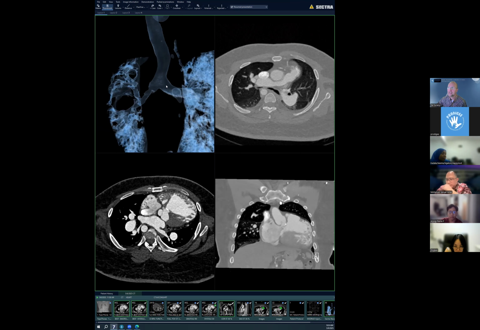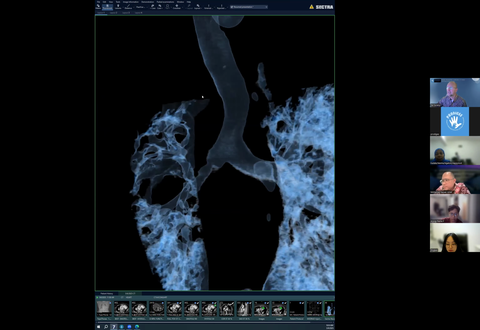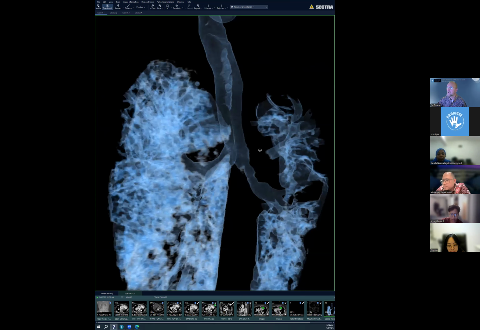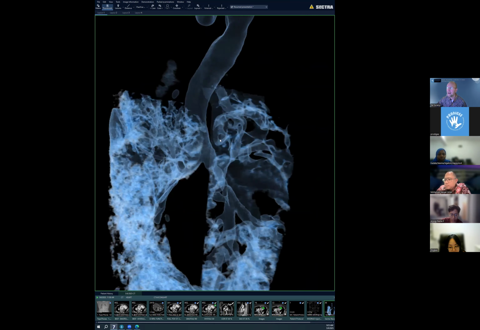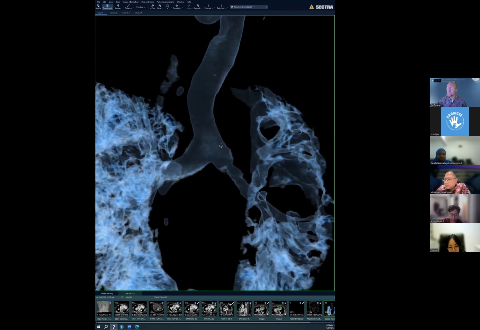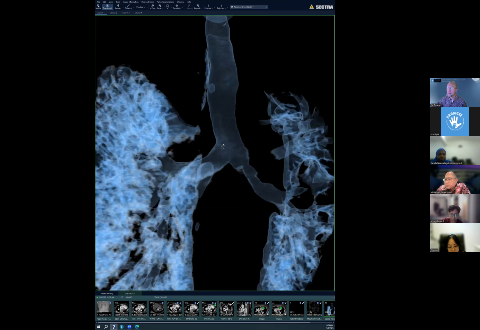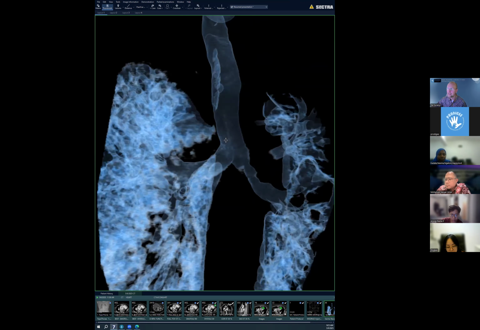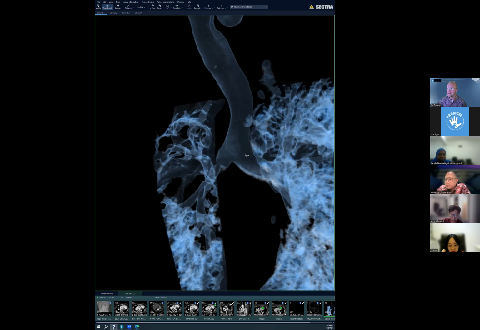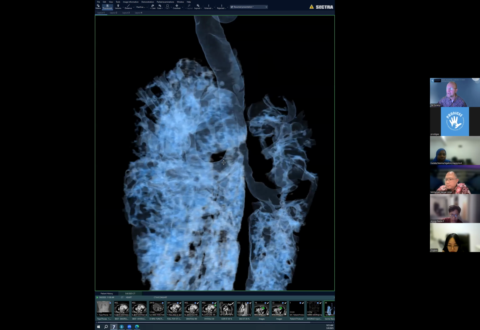Now, I mentioned that it's important to look at these in 3D. So you can see also posteriorly, hopefully you can make it out that there is a C-shaped cartilage here, but the cartilage appears to be a little bit flattened, both in the trachea and in the mainstem bronchi.